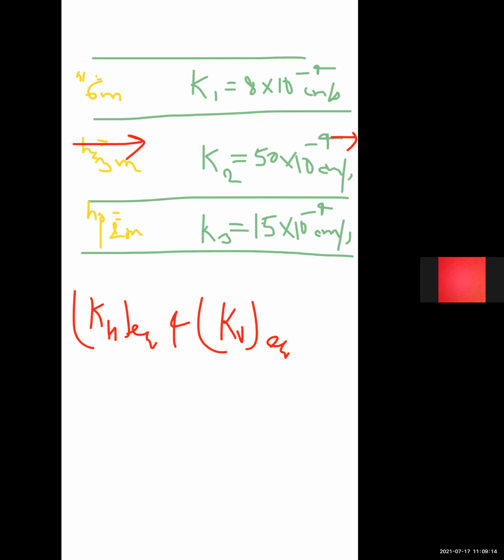So apply the formula. First formula is K equivalent equal to K1 H1 plus K2 H2 plus K3 H3 divided by H1 plus H2 plus H3. And second formula is H1 plus H2 plus H3 divided by H1 by K1 plus H2 by K2 plus H3 by K3. Apply these two formulas and find the answer.